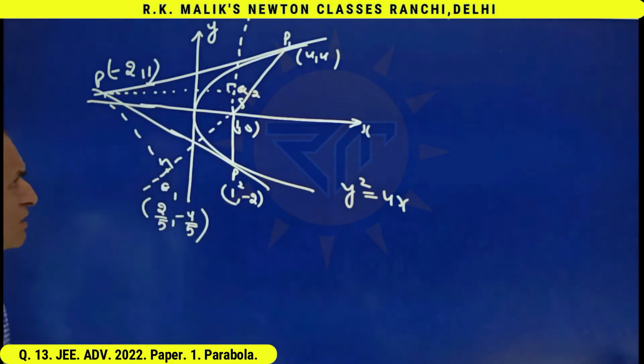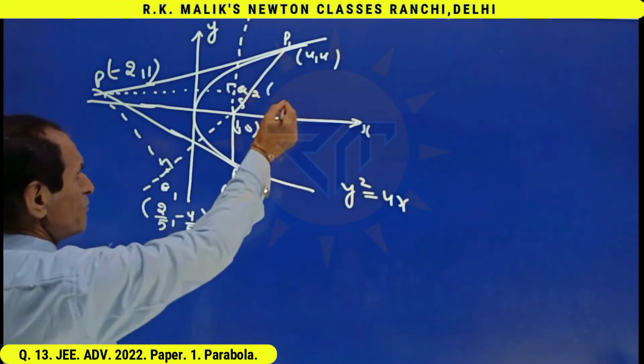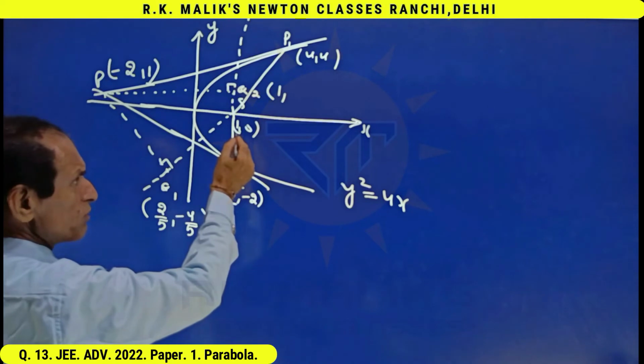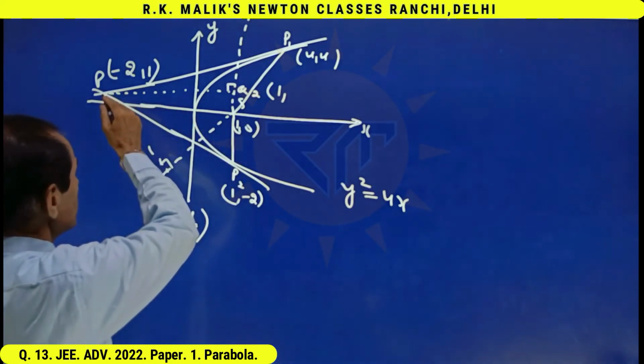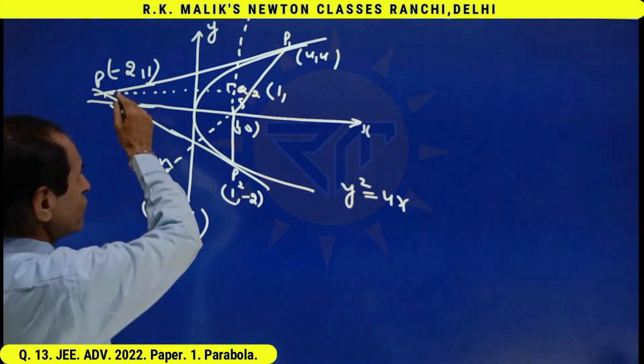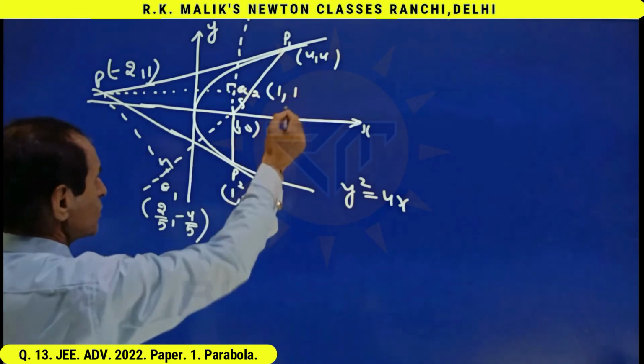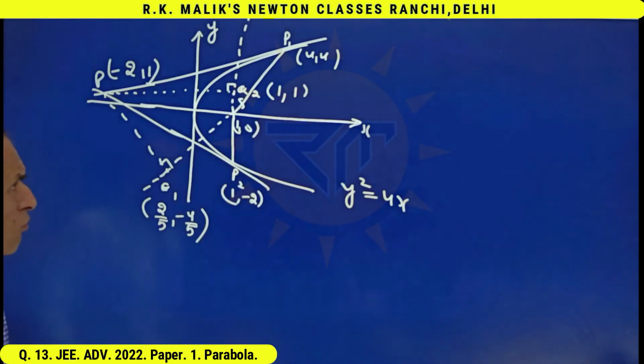I can easily find this point. Clearly this point will have x coordinate 1 because this point has x coordinate 1, and because this point has y coordinate 1, point Q will also have y coordinate 1. Hence I have got the coordinates of Q2 as (1, 1).